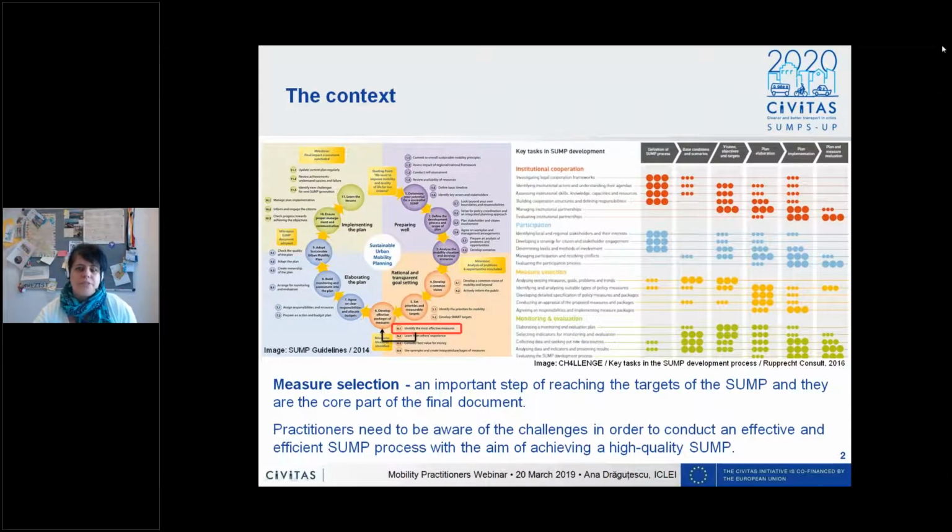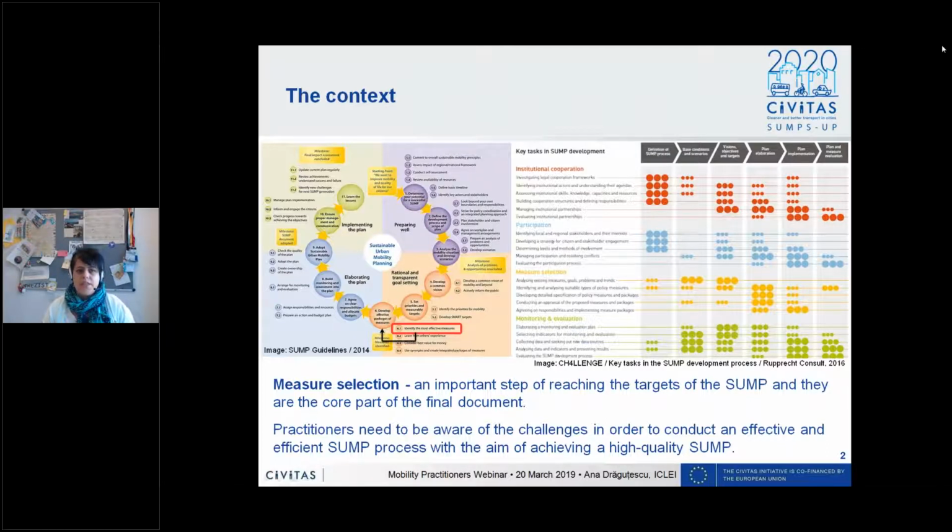In the presentation for today, you will hear, I hope, interesting things about how to select the measures for your sustainable urban mobility plan and how to better start with this topic by setting up the context of the measure selection.